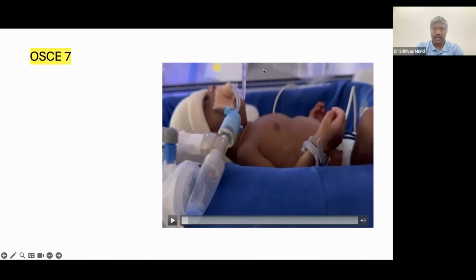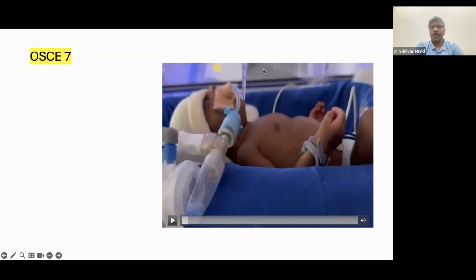You did not see any condensation in the inspiratory limb. You saw that the temperature displayed is 39. There is no water in the inspiratory limb. This baby doesn't require any sedation, is not fighting the ventilator. Trigger, if you see, looks all right because you're able to see the graphs very well displayed.